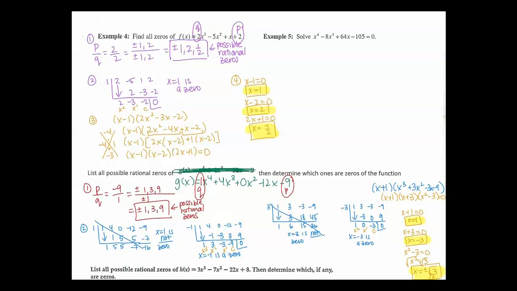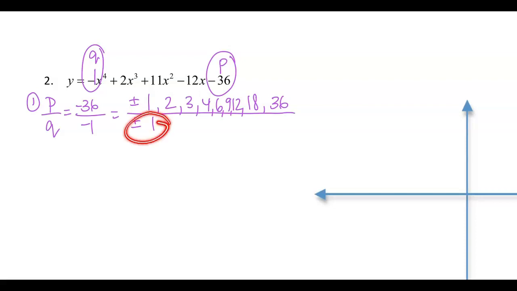Just like what we did before when we were looking at the rational zero theorem last class, all we did from here was divide. So divide everything in the numerator by 1. So that shouldn't be difficult. We're going to put plus or minus. 1 divided by 1 is just 1. 2 divided by 1 is just 2. 3 divided by 1 is just 3.